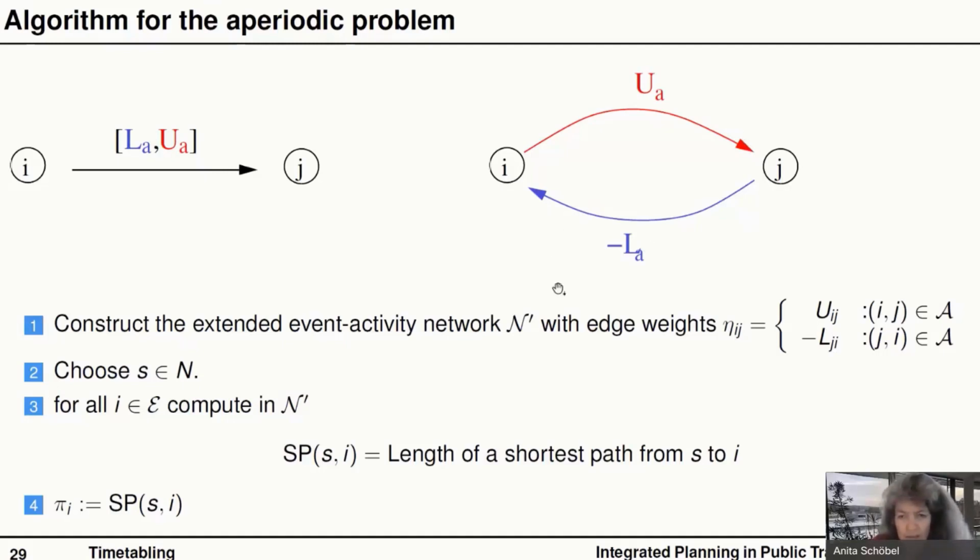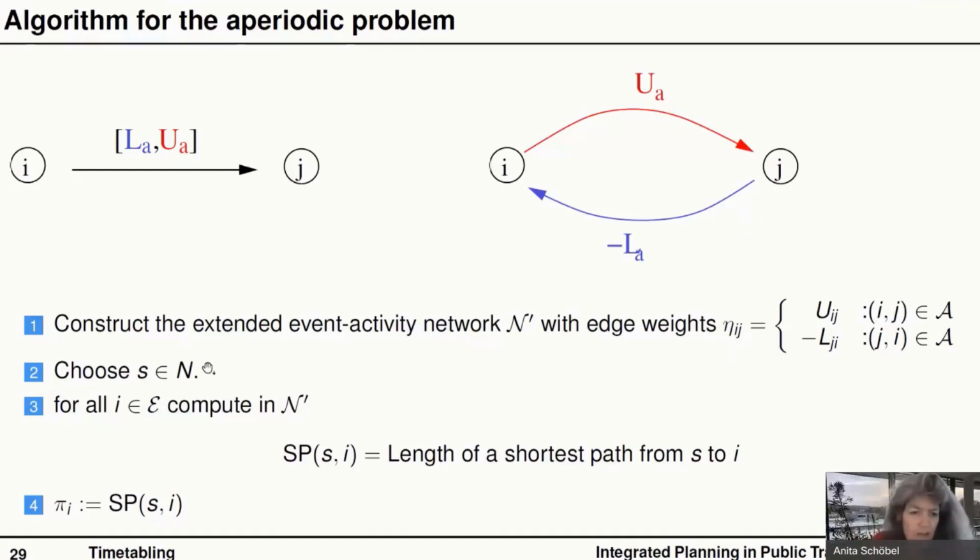And it's always the case that we've constructed in this way that the red activity has the same direction as the original one, and as weight, it gets the upper bound. And the blue activity goes in the other direction, so opposite to the original activity, and it gets minus the lower bound as weight. So that looks maybe a bit strange first of all, but it is very easy to do. You have an event activity network and you just draw the new activities.